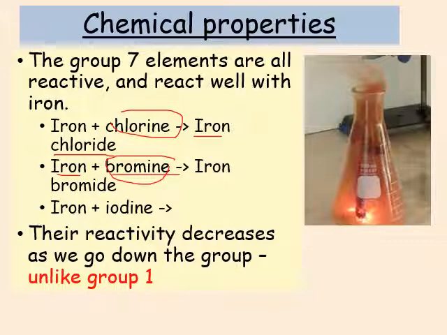So iron and bromine make iron bromide. Iron and iodine, what do you think that would make? Iron iodide. But their reactivity decreases as we go down the group, unlike group 1. So astatine, for instance, would be the least reactive.